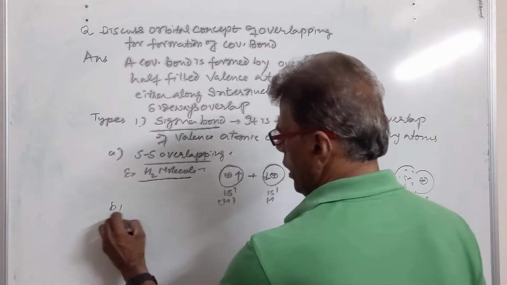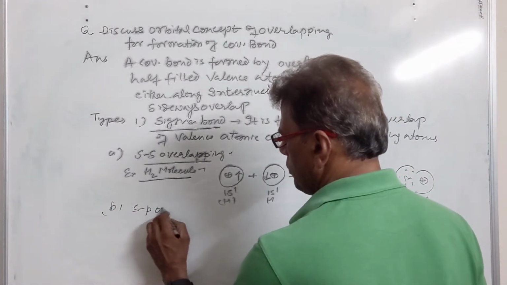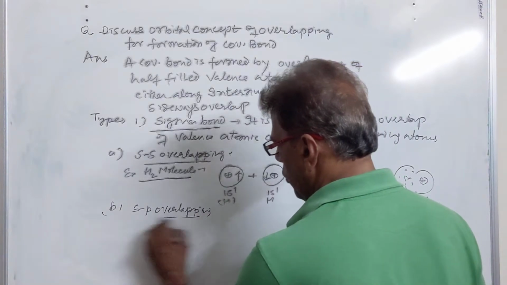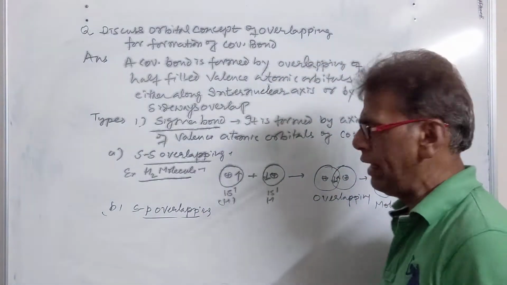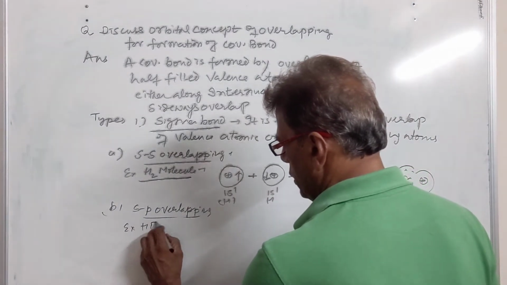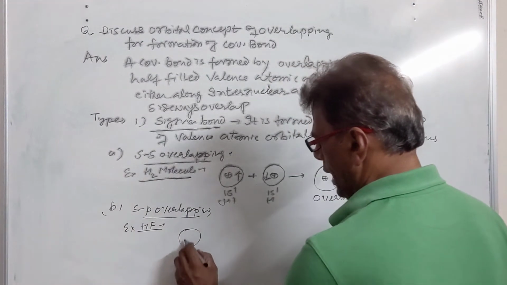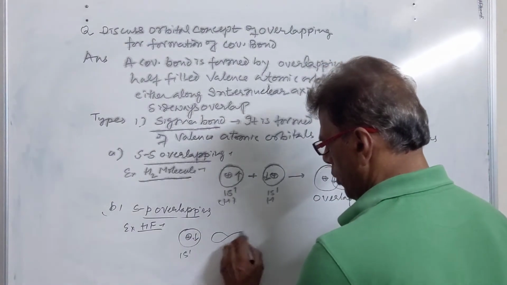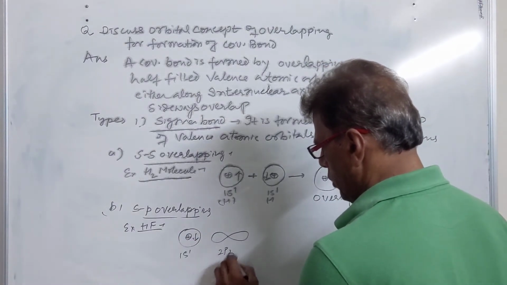Then we have s-p overlapping. Covalent bond formed by the overlapping of half-filled s and p atomic orbitals. Example is formation of HF. H has one s orbital, fluorine has a 2pz orbital.